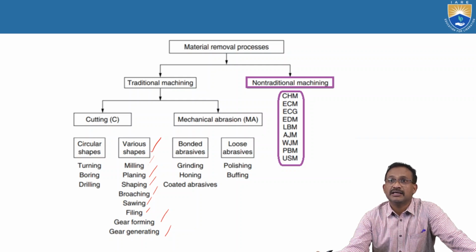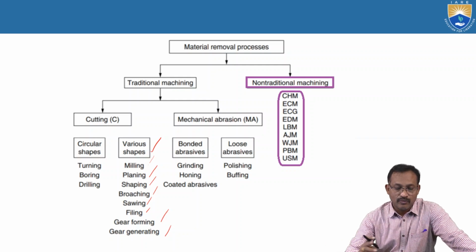But basically, when we deal non-traditional machining process, the information of traditional machining process will be useful as the basis. So that's why we have to deal in brief the traditional machining process. The significance of learning this traditional machining process is very much required to enable us to move on to non-traditional machining process.